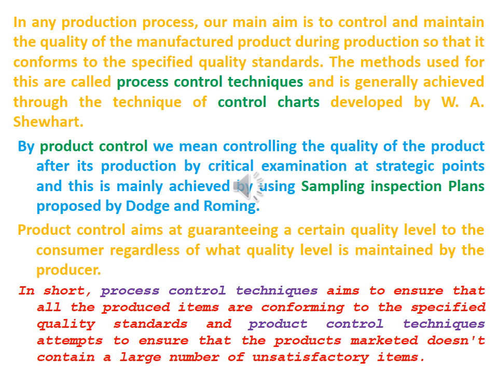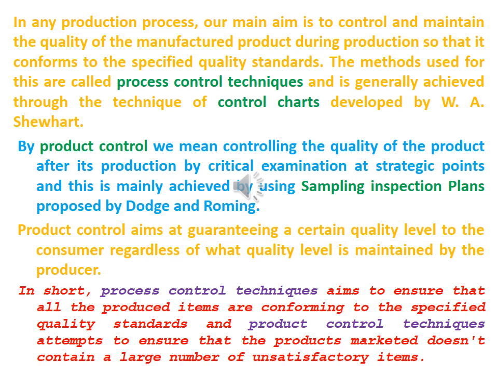By product control, we mean controlling the quality of the product after its production by critical examinations at strategic points, and this is mainly achieved by using sampling inspection plans proposed by Dodge and Romig. The product control aims at guaranteeing a certain quality level to the consumer regardless of what quality level is maintained by the producer.